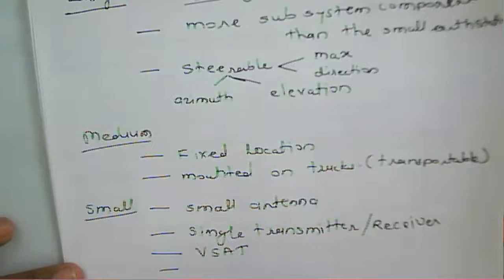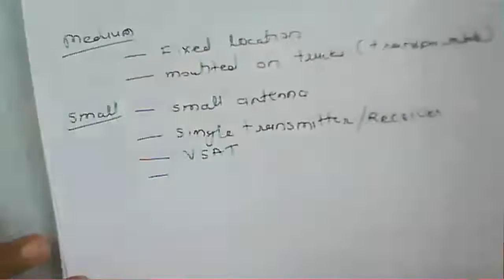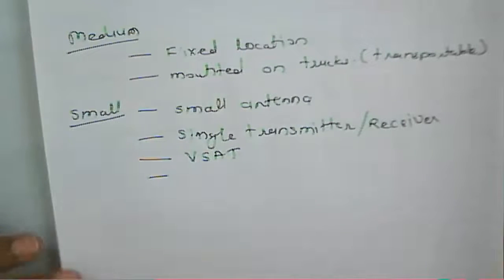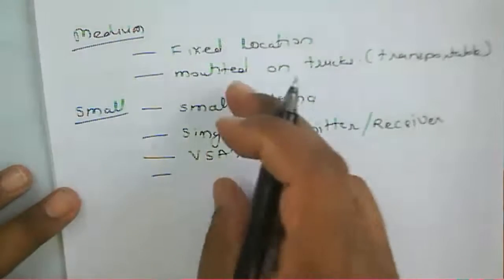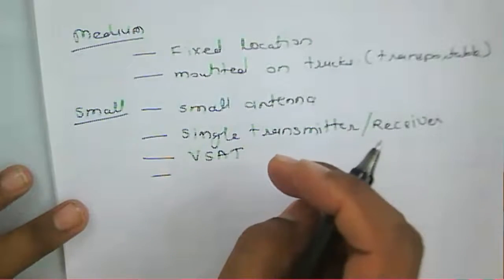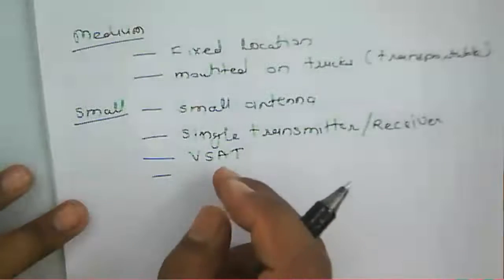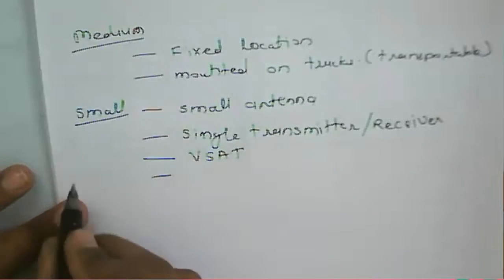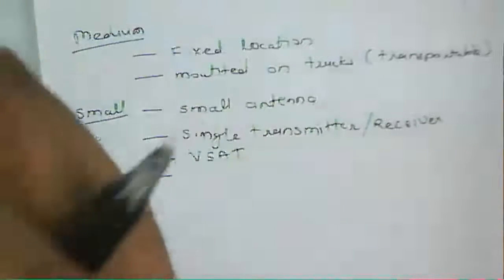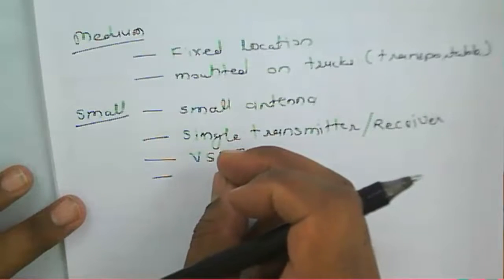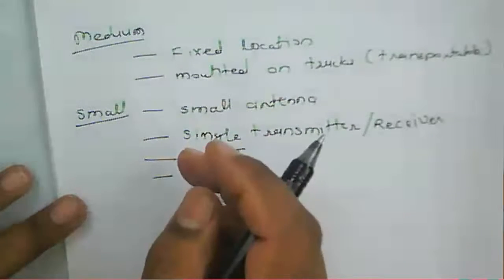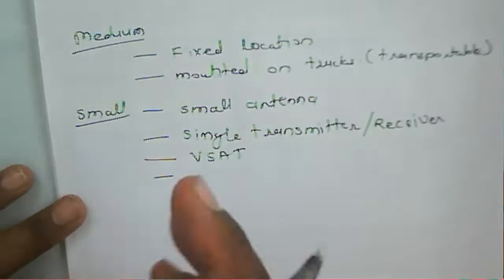Specifically, that earth station can be used at any location, anywhere. So it has a small model, that's why you can say it is a VSAT. It has a small antenna and can be used in a disaster location or any location.